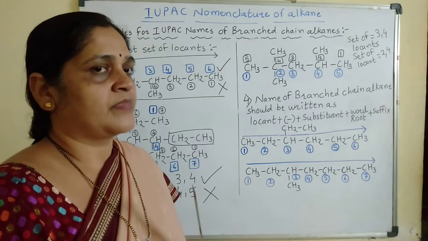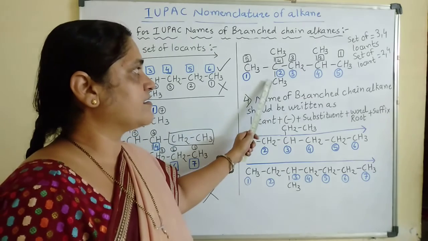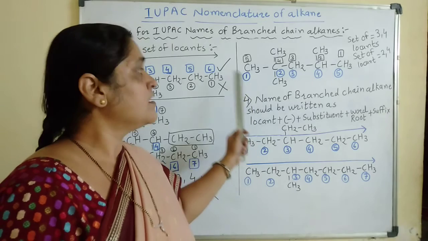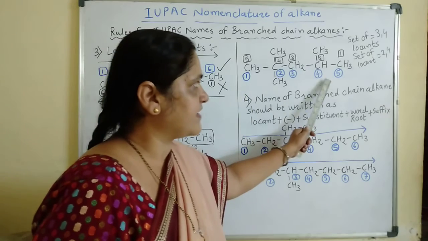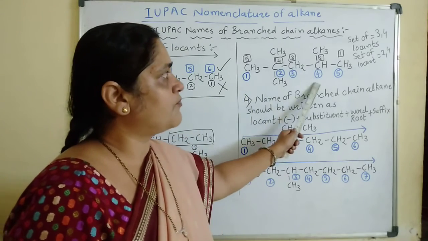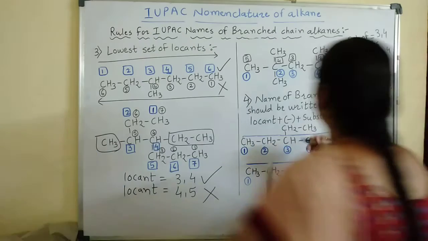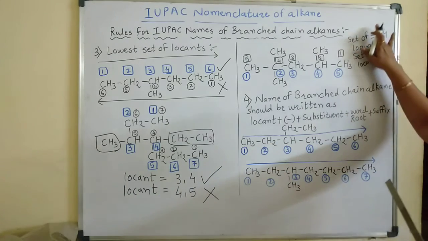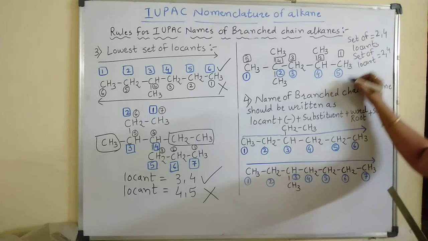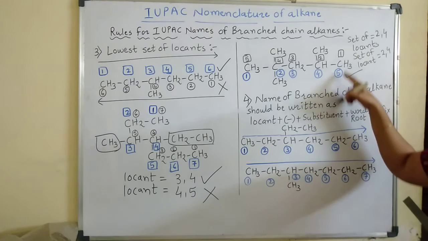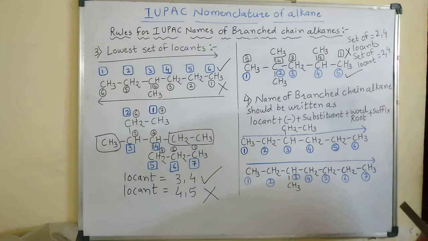That is wrong. So highly substituted carbon getting lowest possible number when you are numbering this carbon chain from left hand side to right hand side. So therefore 2, 4, this locant is correct. So numbering from this side will be correct. Both sides you are getting the same, but here this numbering is correct, this numbering is wrong.